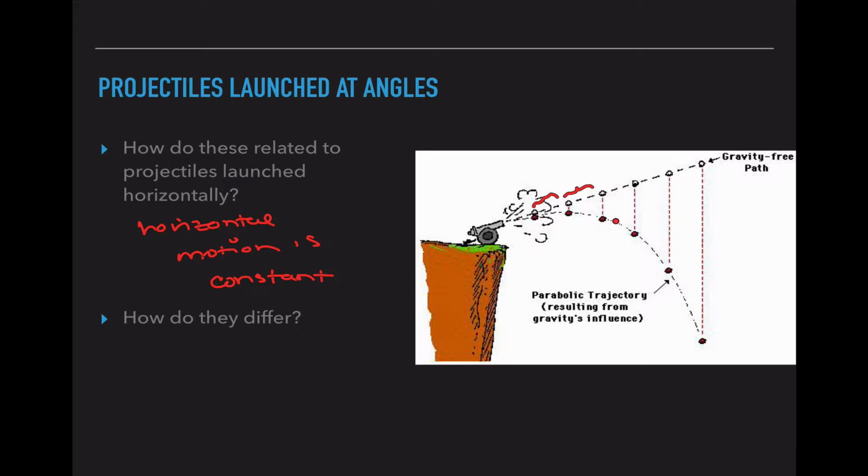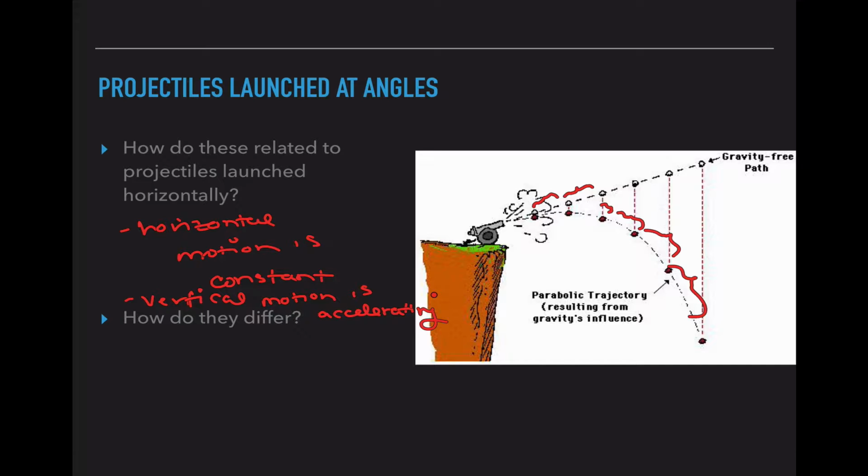And if we pay attention to this direction, we have a small distance, a larger, and an even larger. So our vertical motion is not. They are still accelerating. So those are the same as before.